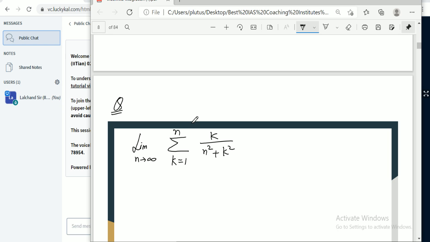Okay, so try this one this time. This is your turn to solve this now. Take 1 minute of time and tell me the answer in the comment section. Try to solve this question fast.